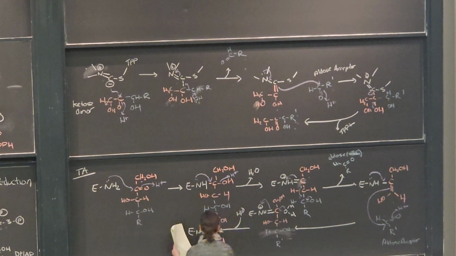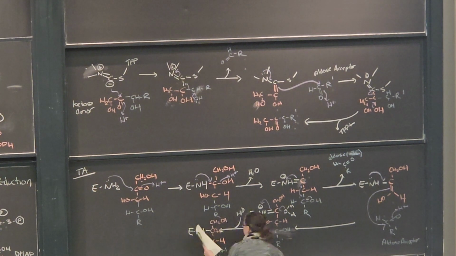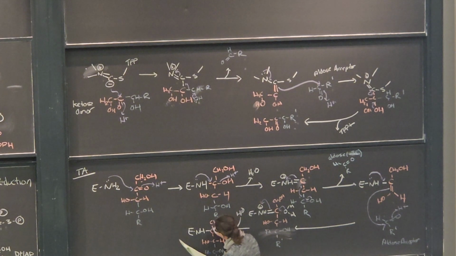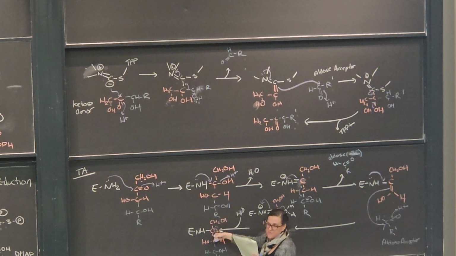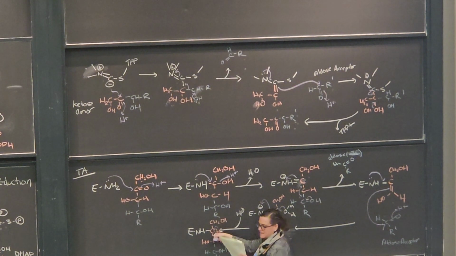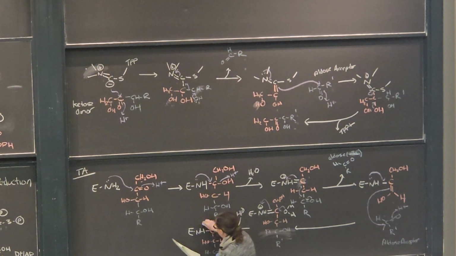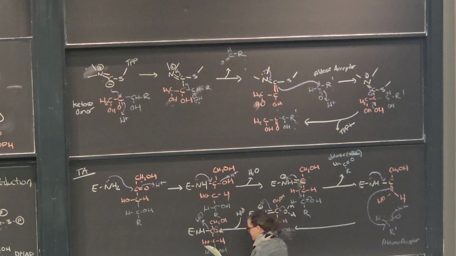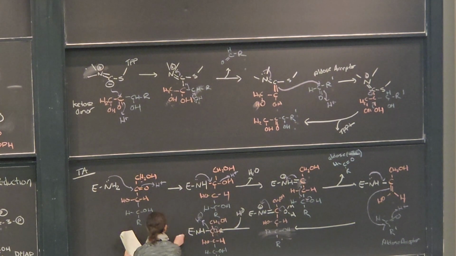And now, like this, we can take electrons from this hydroxyl to regenerate the ketone, because it's going to be a ketose that comes out, and break this bond that regenerates the lysine.